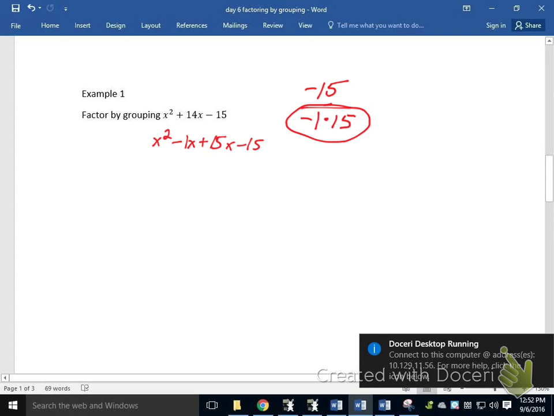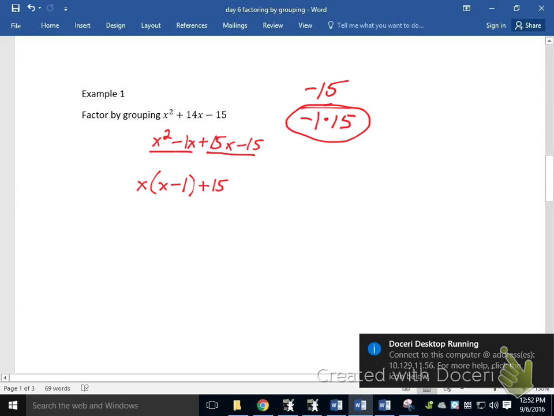And now what I'll do is I have two separate groups. I have this first group and second group, and I'm going to factor those two groups independently. So the first group has a greatest common factor of x, which would leave me with x to the first minus 1. The second group has a greatest common factor of 15. I will use positive 15 due to the leading sign.